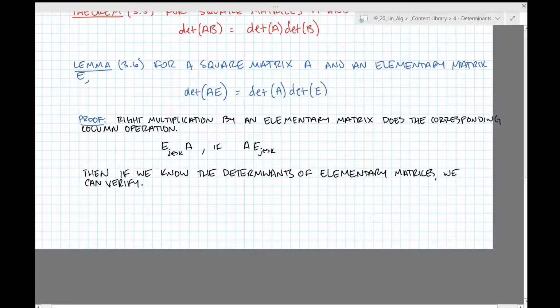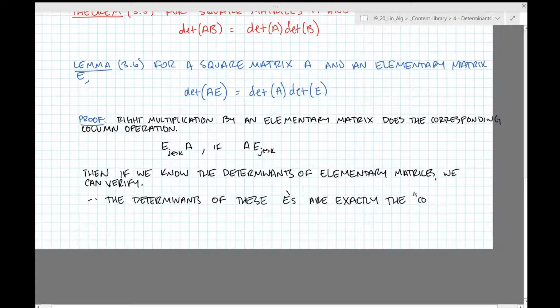And what you find out is if you want to find the determinants of these E's, my elementary matrices, are exactly the cost we pay for column operations.